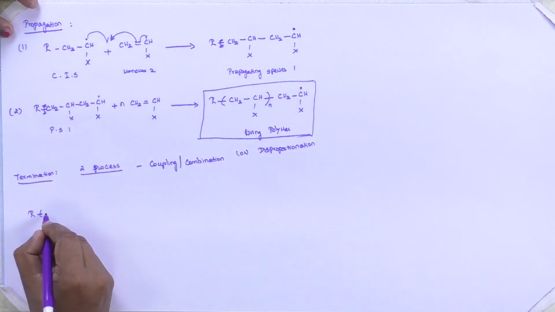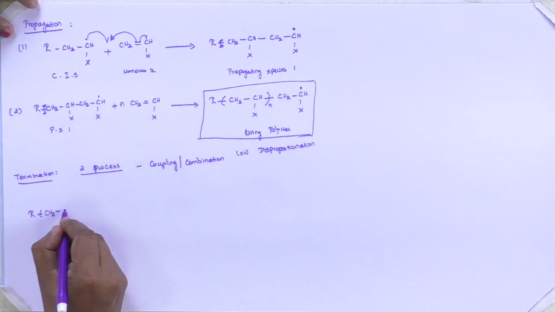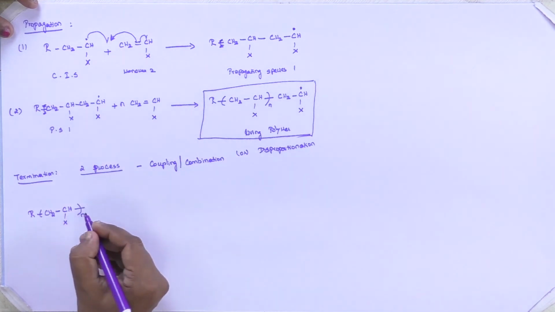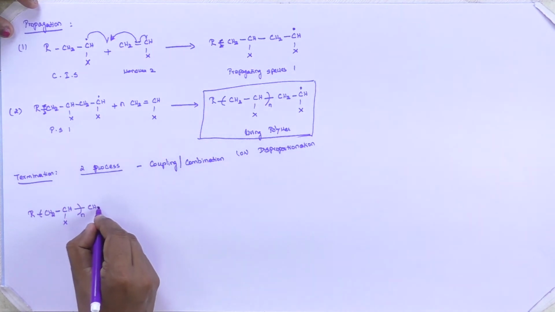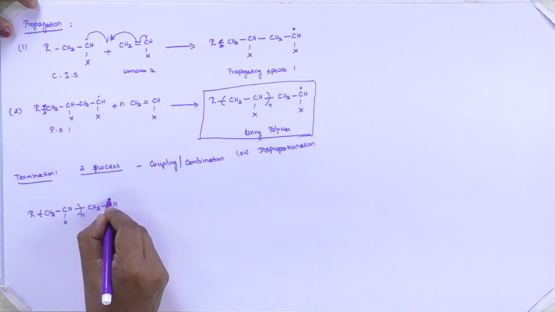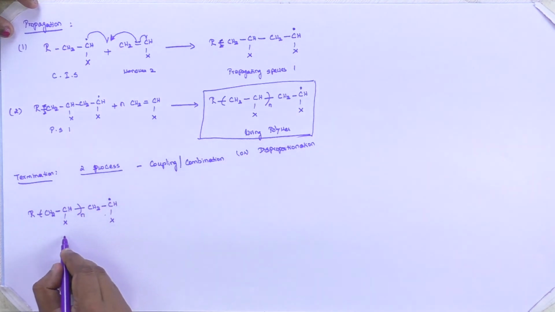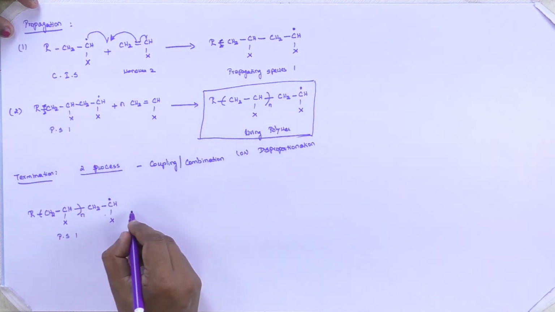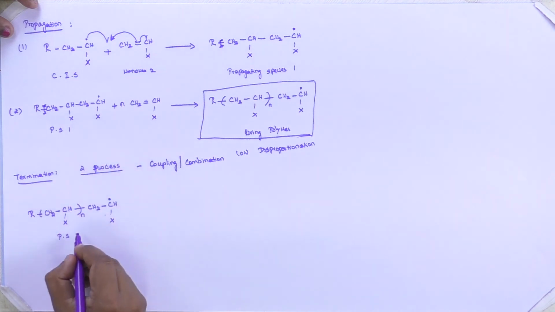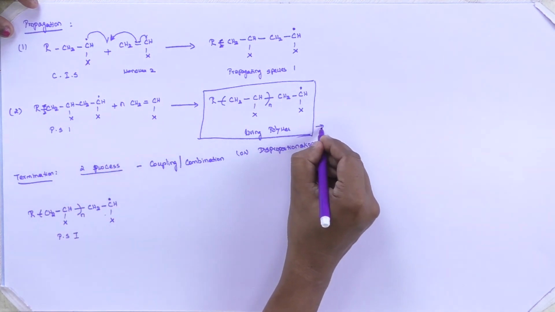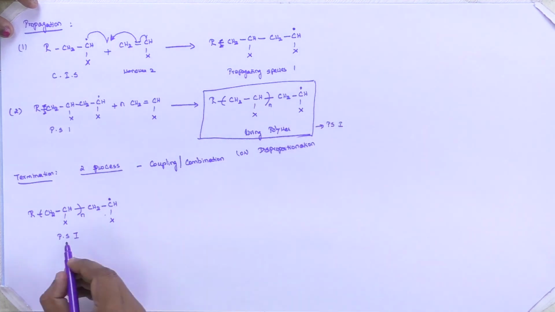R, CH2, CHX, n times, CH2, CHX. So this is polymer propagating species 1, PS1.